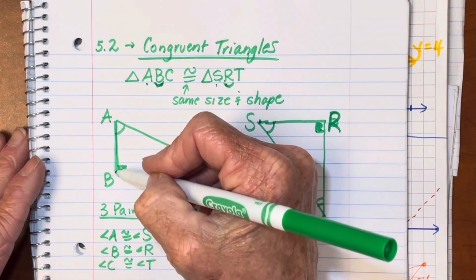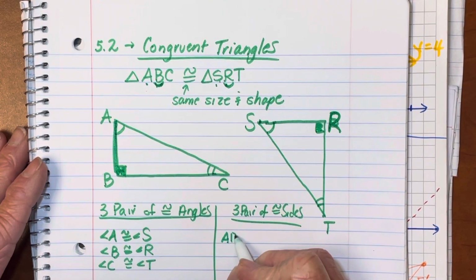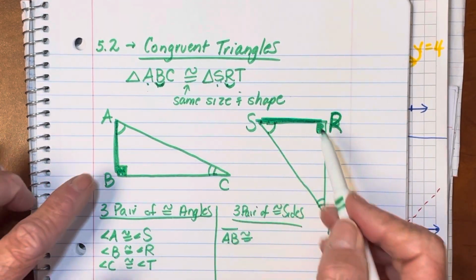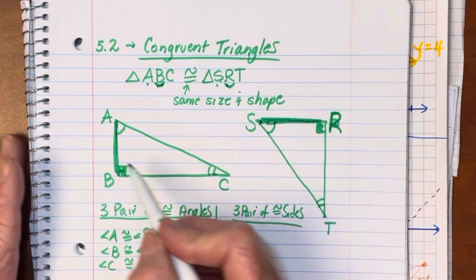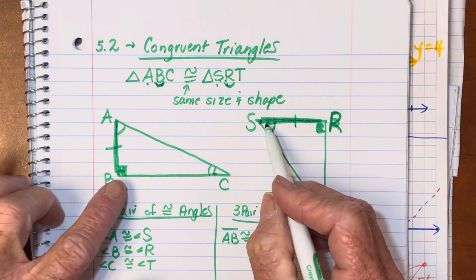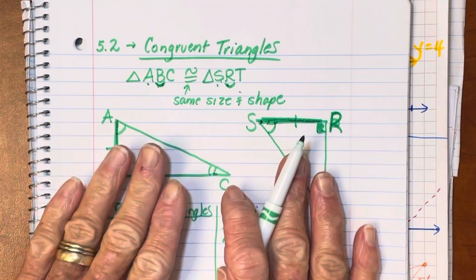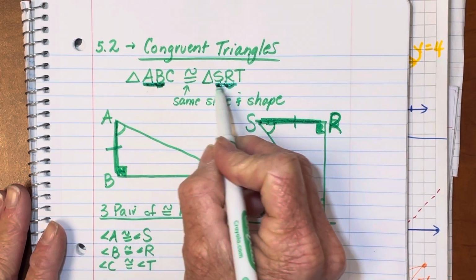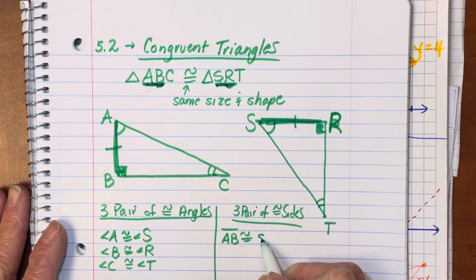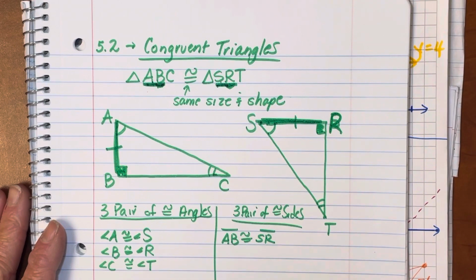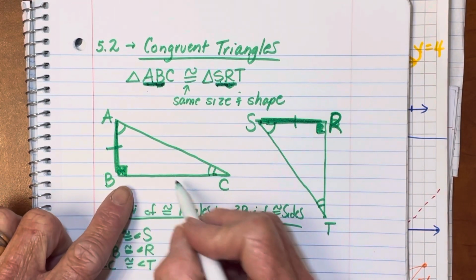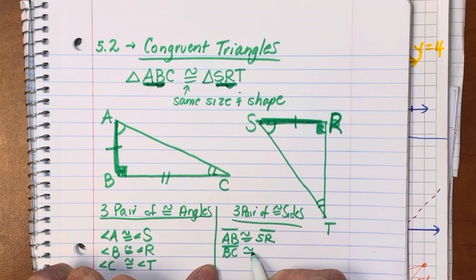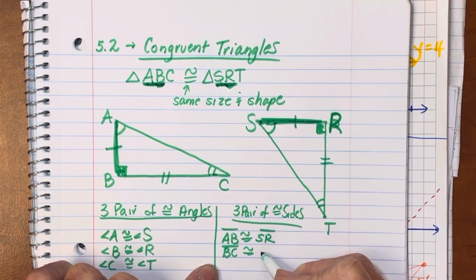In terms of the sides, this leg, it looks like the shortest leg, AB, is congruent to, now I haven't probably drawn these 100% to scale, but you trust the statement over the picture. So A and B are the first 2 letters. It's going to be congruent to segment SR. Segment BC, the longer leg, is congruent to RT.